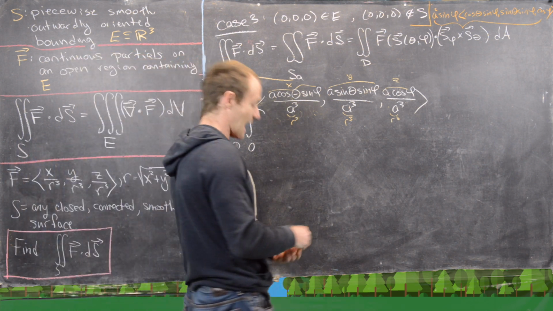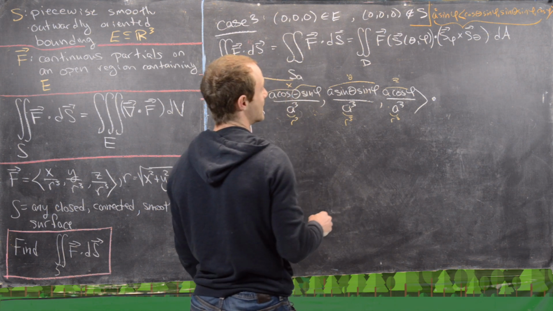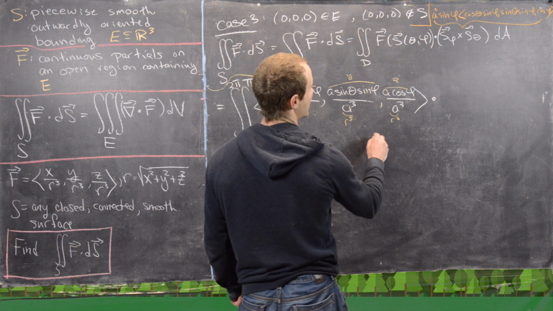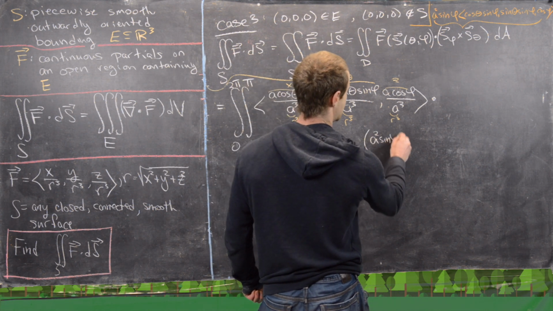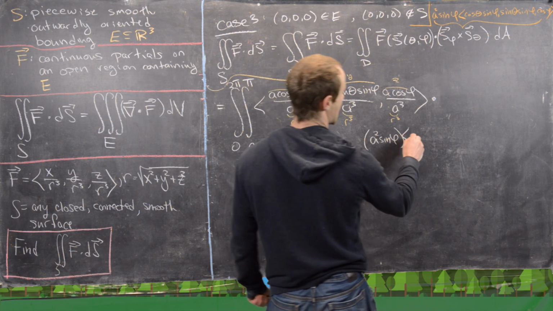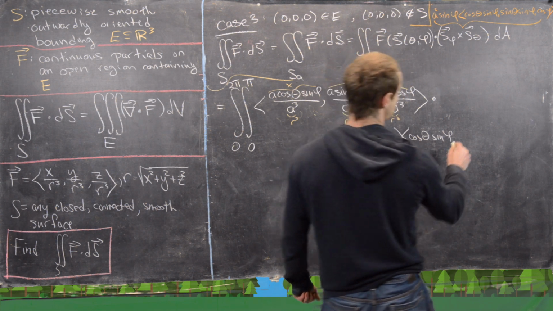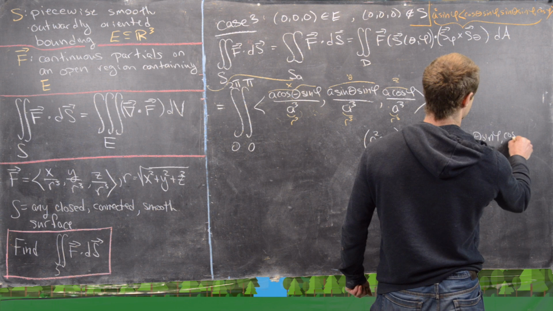Great. And now the next thing that I need to do is dot this into that guy up there. So we're going to dot that into the vector, which has a scalar multiple of a squared sine phi on the outside, and then we have cosine theta sine phi, sine theta sine phi, and then cosine phi.